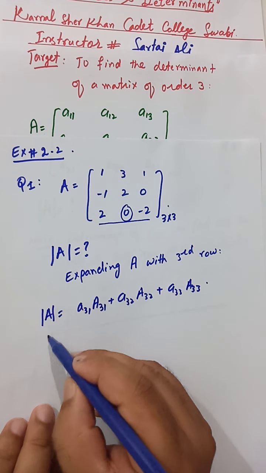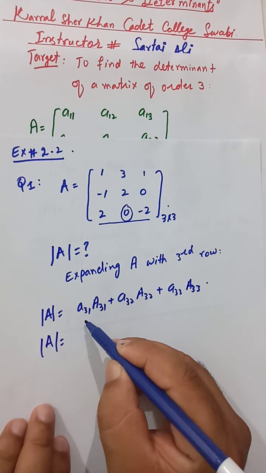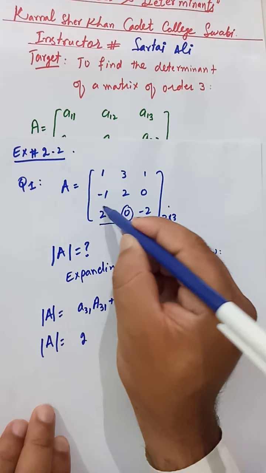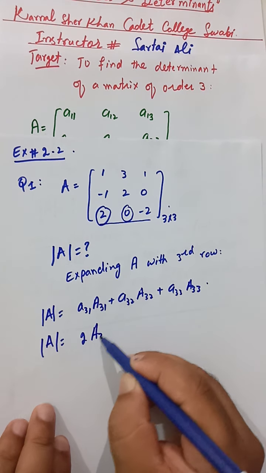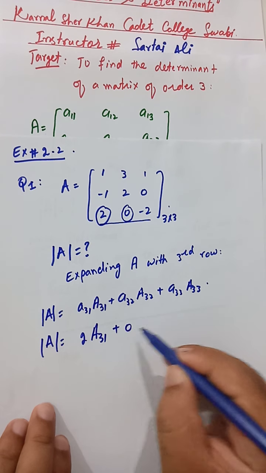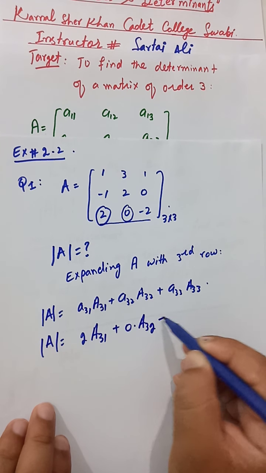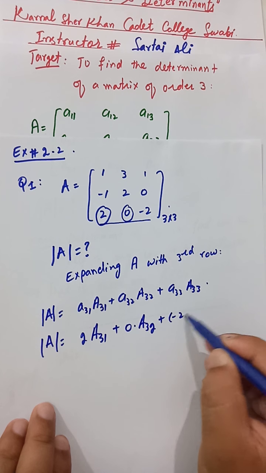Now here this small a31 is 2, which is in the third row and first column, a32 is 0, and a33 is minus 2.